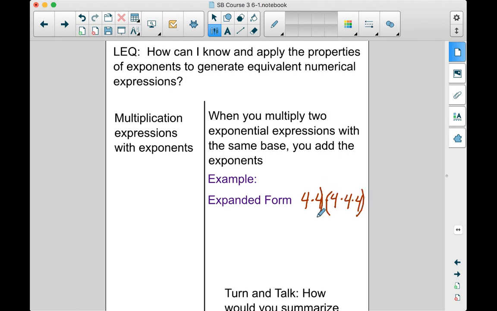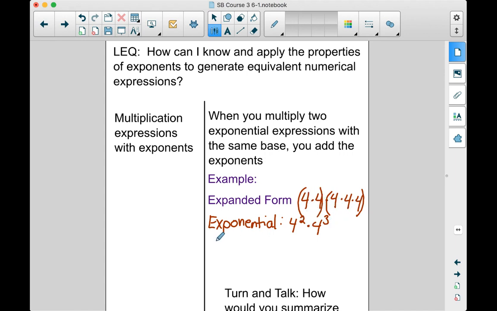According to the associative property, grouping doesn't matter in multiplication, and then I'm going to group those two together. All right, so that's my expanded form. Now I'm going to write this in exponential form. So this would be 4 to the power of 2 multiplied by 4 to the power of 3. Because I have 4 times 4, that's the 2. 4 times 4 times 4, that's the 3.